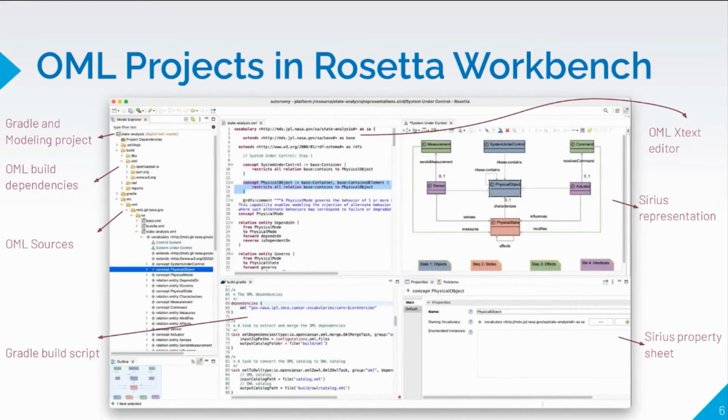Okay, so I will be focusing mostly in my talk on the Eclipse-based environment that we developed, and we call it Rosetta. Rosetta is the name of the plugins to Eclipse that allow you to work with OML in Eclipse. We publish both an update site and a complete RCP application that you can download from the openCAESAR project.